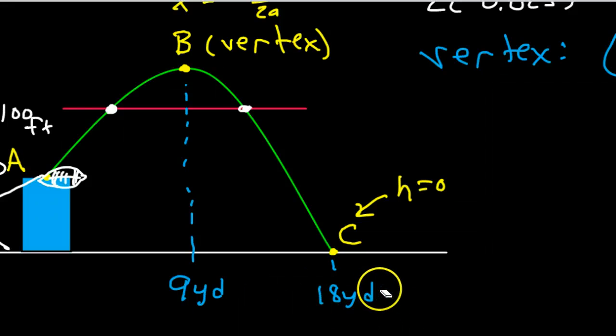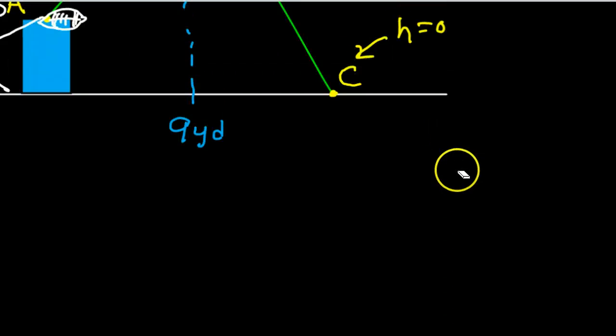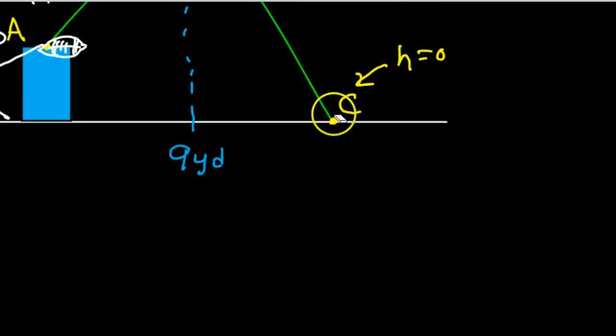But let's go ahead and calculate exactly how far he can throw the ball. The maximum distance he can throw will be at this point C. At point C, this is as far as he can throw. The thing we know is that the height is 0. So let's plug in 0 for height and find out what this point C is.